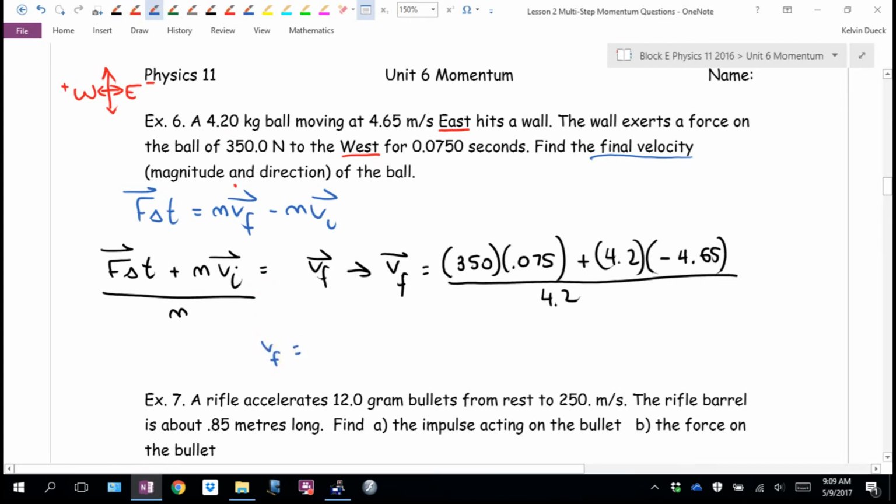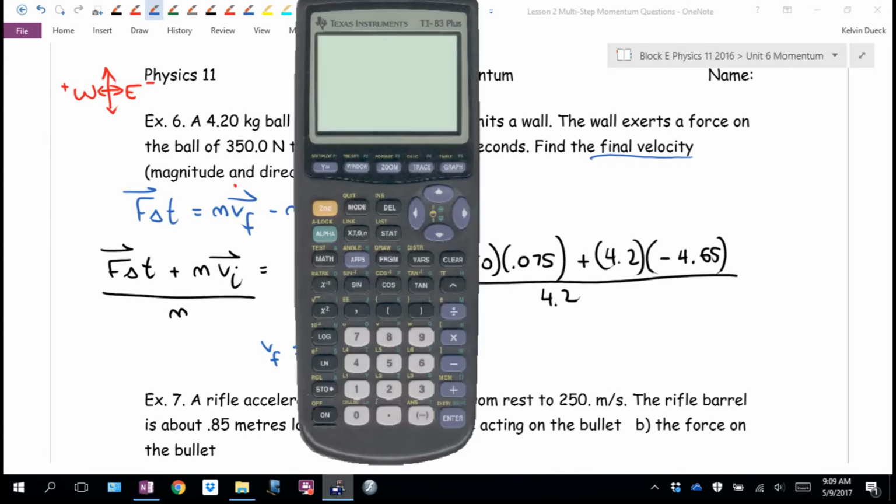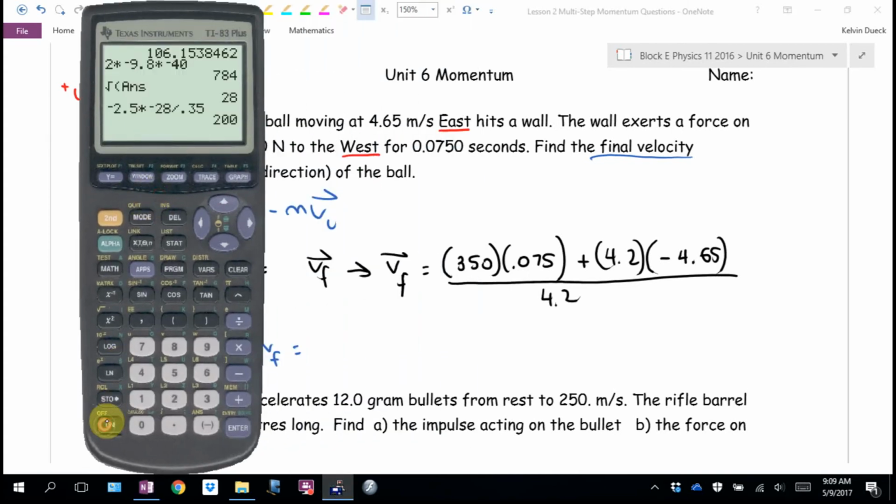If I get a negative answer for my velocity, what direction? If I get a positive answer, yeah. Do you get positive 10.9?